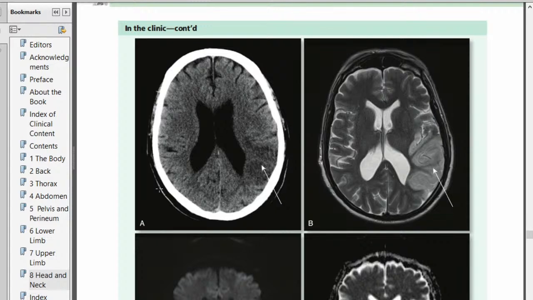A stroke can be of two types: hemorrhagic stroke and ischemic stroke. Ischemic stroke might be caused by various thrombus emboli that travel to other parts, and ischemic stroke is much more common than hemorrhagic stroke.